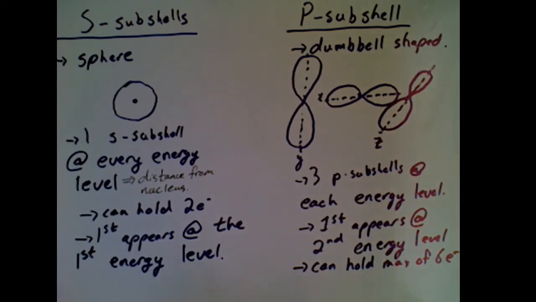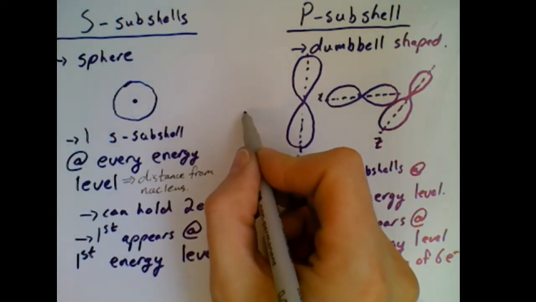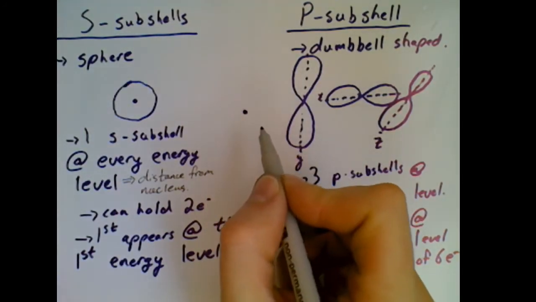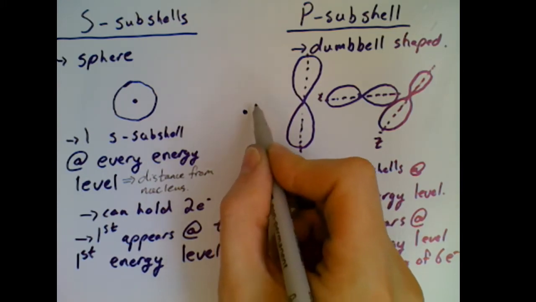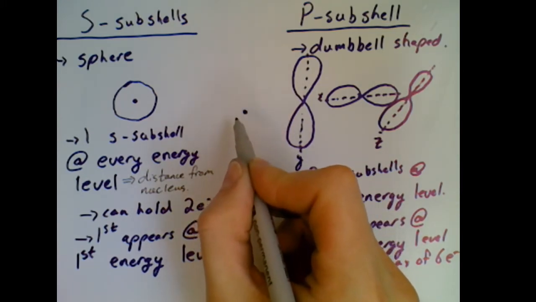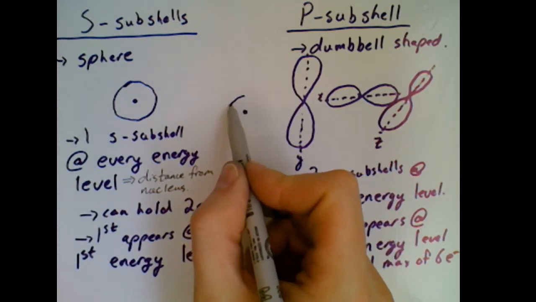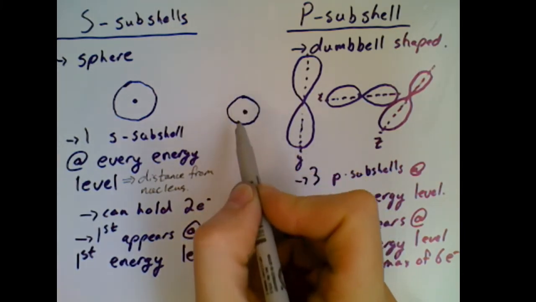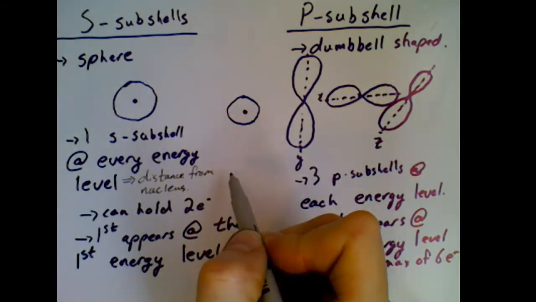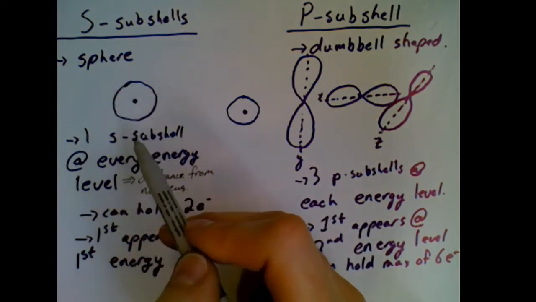It's made of layers. So you have your nucleus at the center. And then the first energy level is the first distance from the nucleus. And that first distance from the nucleus only has a spherical shape around it, an S subshell.